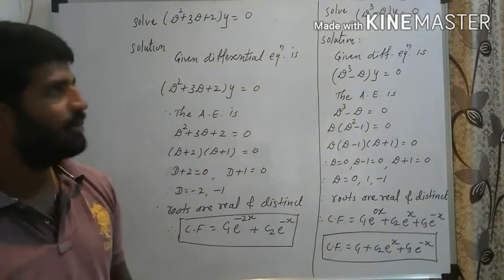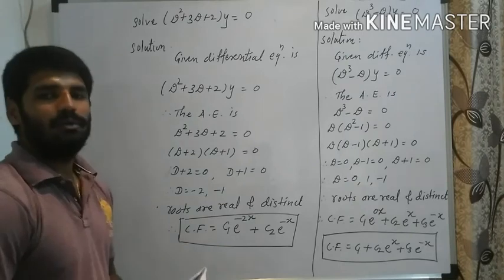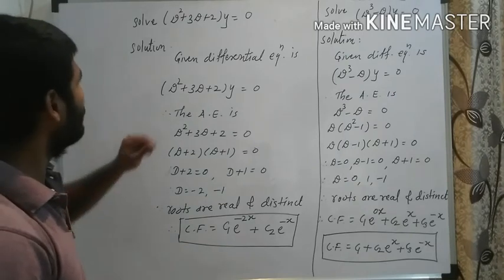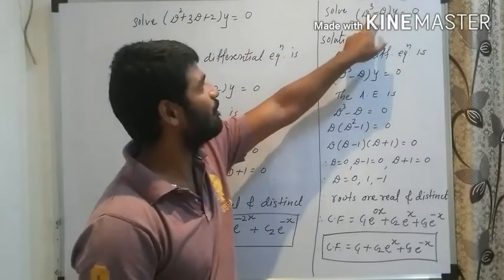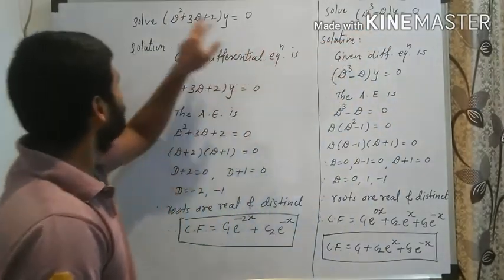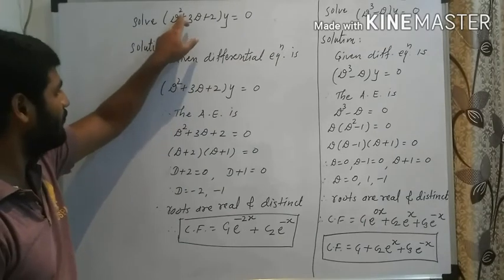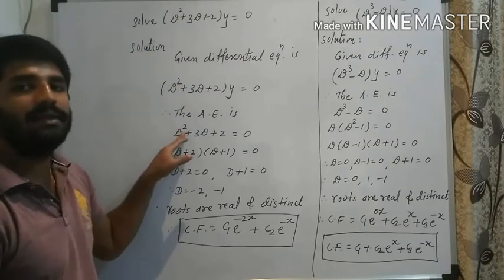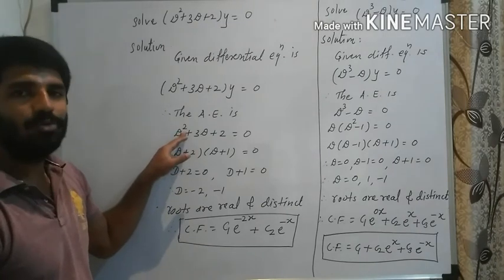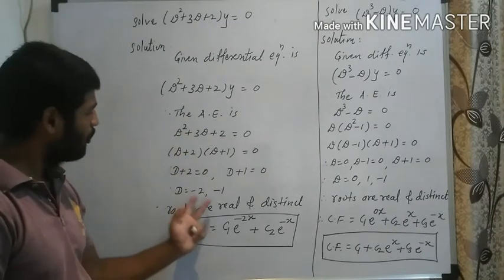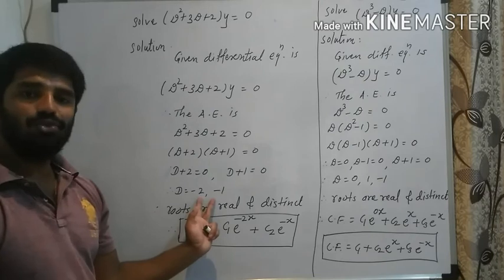Now, if we observe all three examples, this 2 is the order of differential equation, this 3 is the order of this differential equation. So if 2 is the order of differential equation, then same as 2 is the degree of auxiliary equation. If 2 is the degree of auxiliary equation, then number of roots of auxiliary equation is also 2.